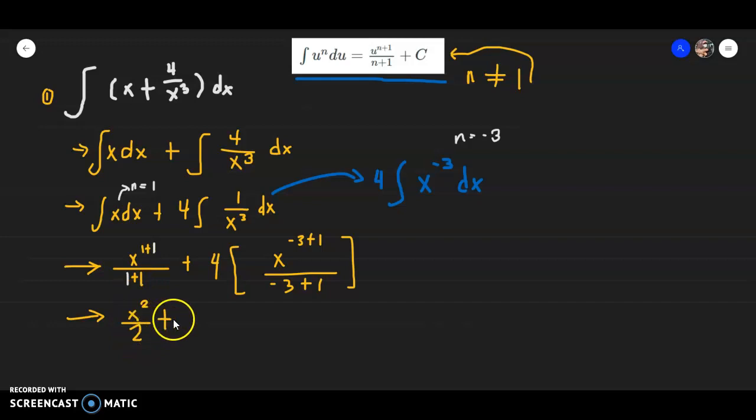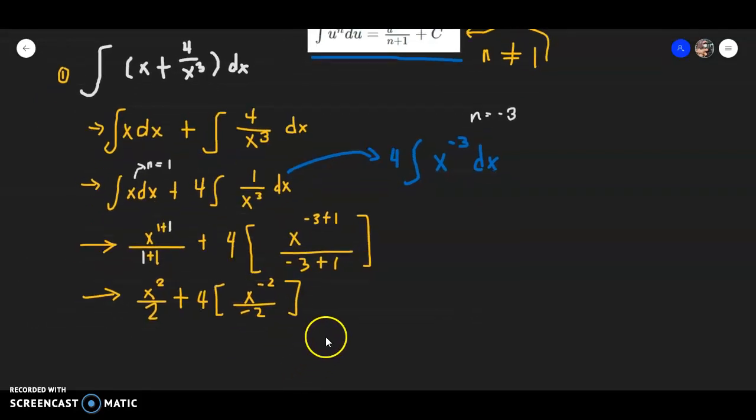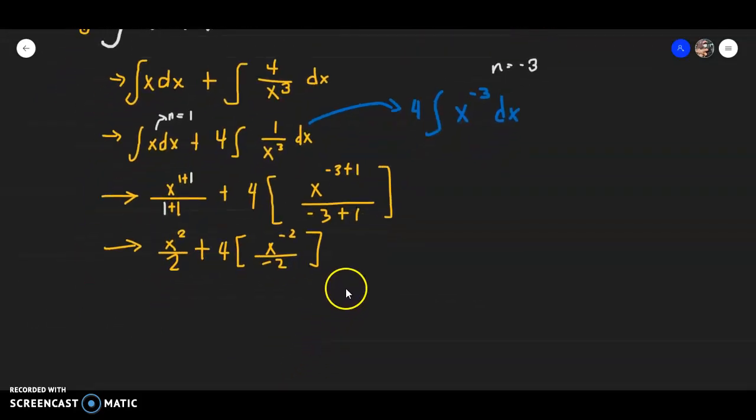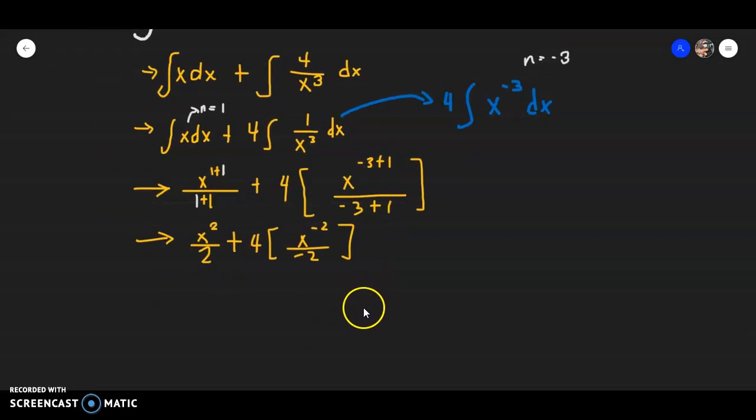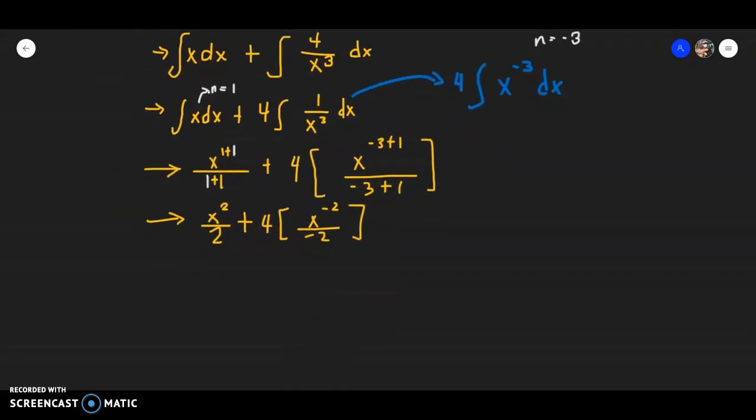Plus 4 times x raised to negative 3 plus 1, which is negative 2, all over negative 3 plus 1, which is negative 2. Simplify lang natin.